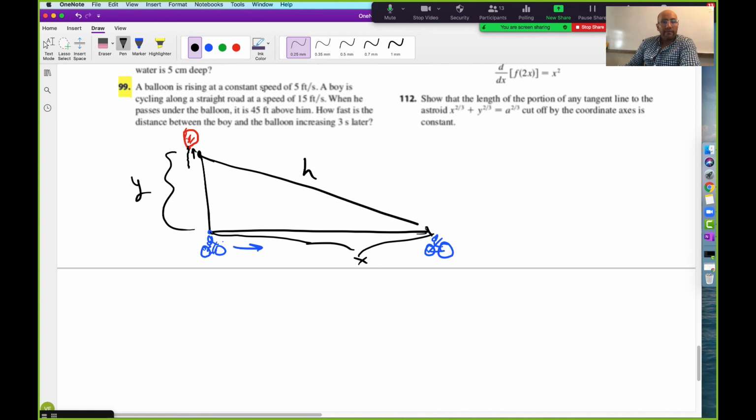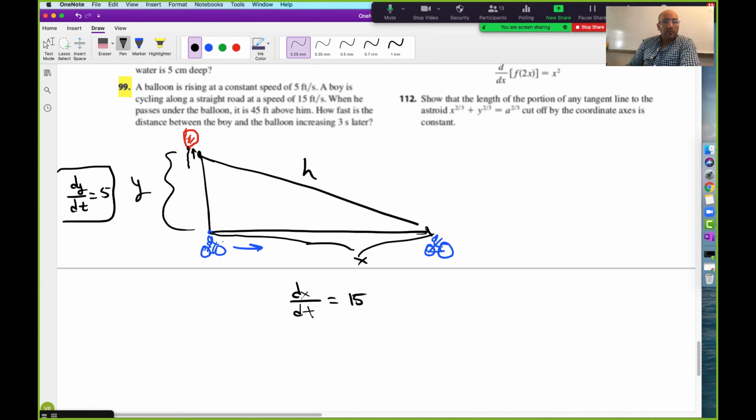And they've given us some speeds. A balloon is rising at a constant speed of 5 feet per second. That means they've given us dy/dt. The speed of the balloon is 5. The boy is cycling on a straight road at a speed of 15 feet per second. That means they've given us dx/dt equals 15 feet per second. Make sure that all the units match.